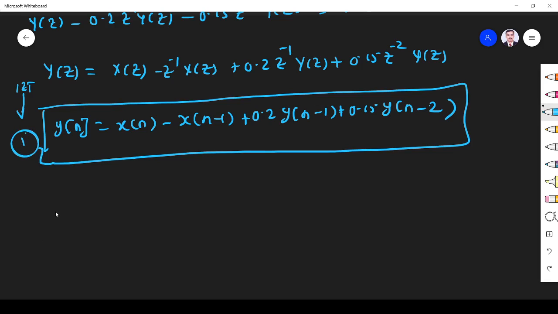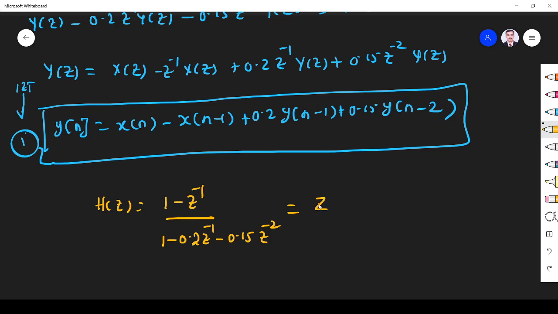Now next we have to find the pole zero diagram. We draw it from H of z itself. H of z is given by 1 minus z inverse divided by 1 minus 0.2 z inverse minus 0.15 z power minus 2. If we take the factors, then it is easy to find poles and zeros. First make everything in terms of positive z. Multiply numerator and denominator by z squared, because the largest power is z power minus 2, and I want everything positive.